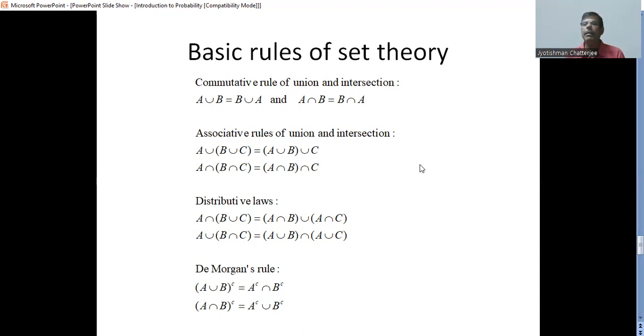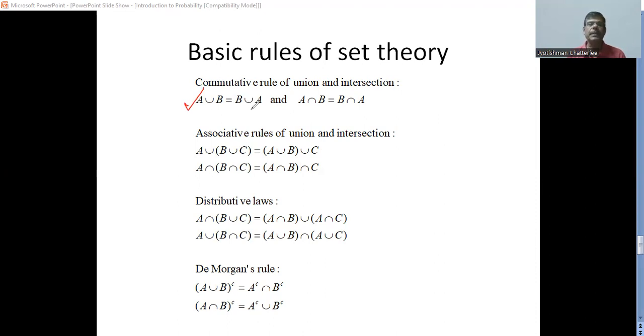Let me bring the drawing facility here. So, the commutative rule of union. What does it say? Actually, both of them mean the same thing.